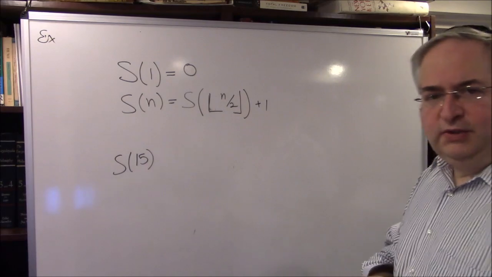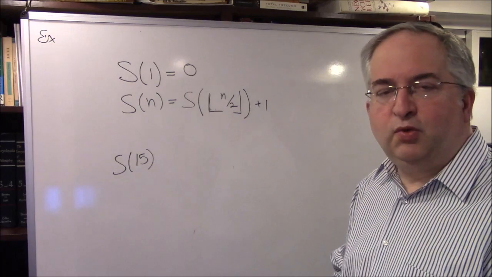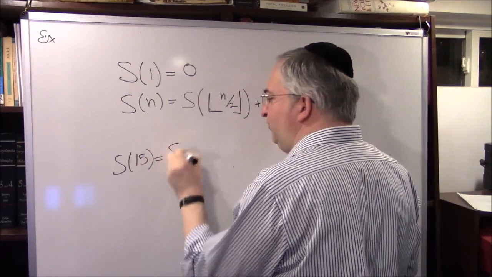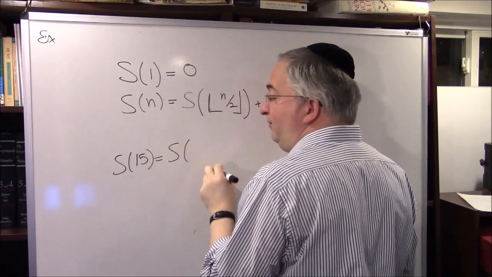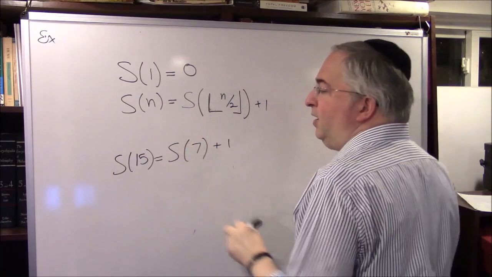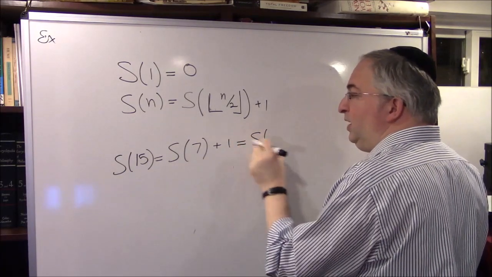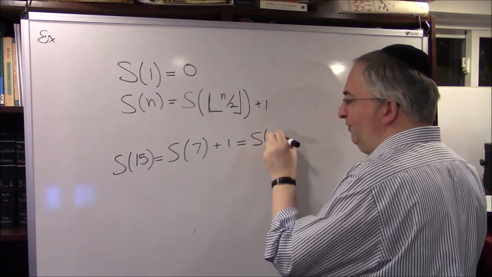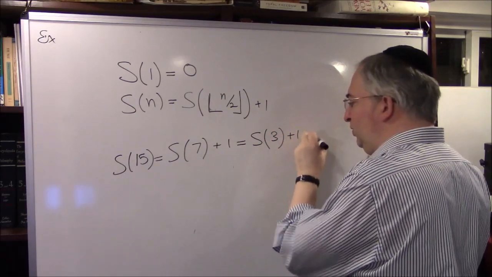So S of 15 is what? Well, 15 divided by 2 is 7.5, and the floor of 7.5 is 7. Okay, plus 1. What's S of 7? 7 divided by 2 is 3.5, floor is 3, plus 1 plus 1.